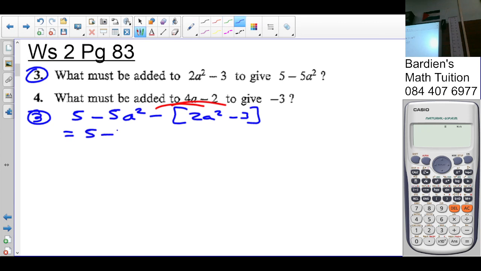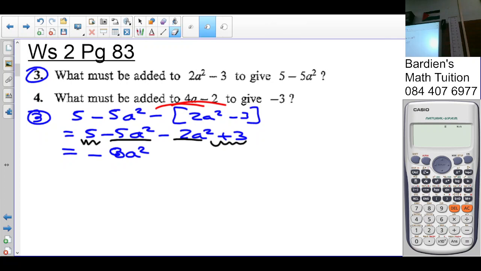It's going to be 5 minus 5a squared minus 2a squared plus 3. Again, we're looking for like terms. So what's minus 5a squared minus 2a squared? Negative 7a squared. And what is 5 plus 3? 8.